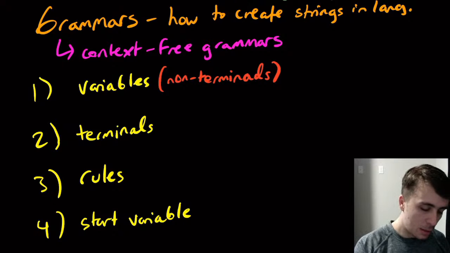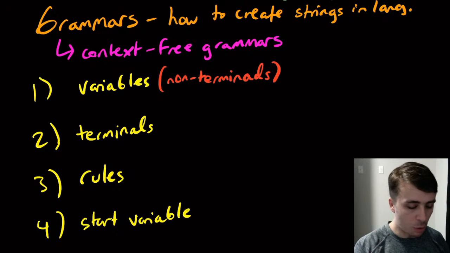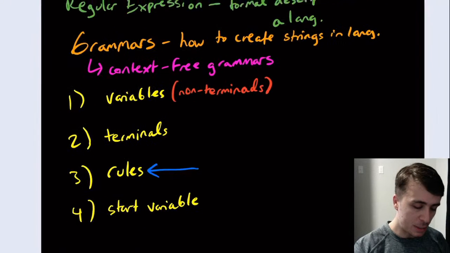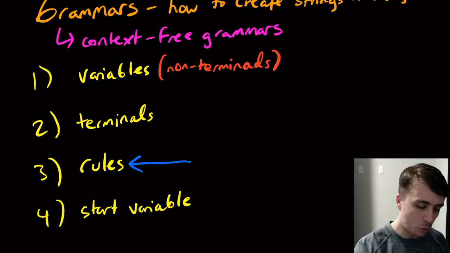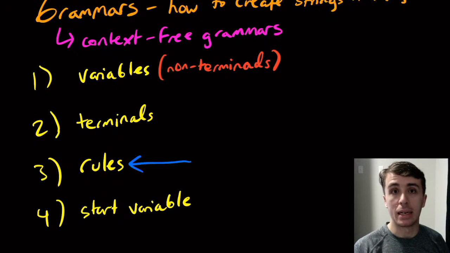And the thing that's important about grammars are the rules. Depending on what rules are allowed tells you how the strings are made. The purpose of a grammar is to repeatedly apply rules until you get a string.